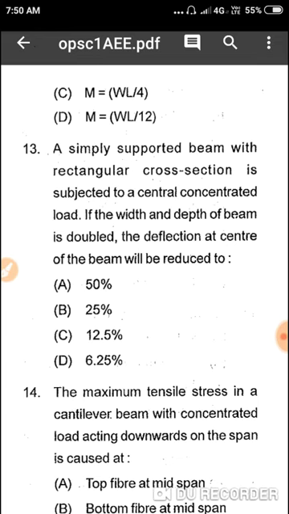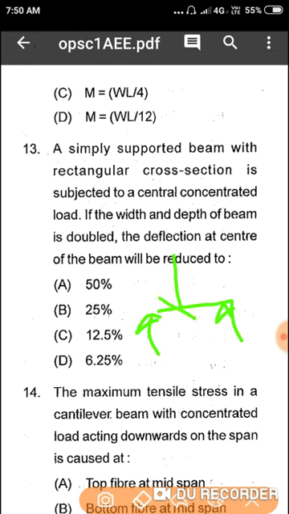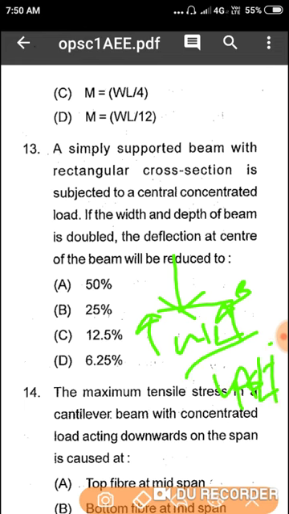So we know the deflection for a simply supported beam with a point load is WL cubed by 48 EI.